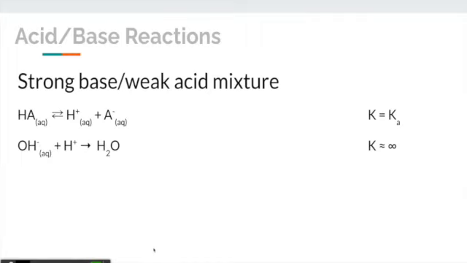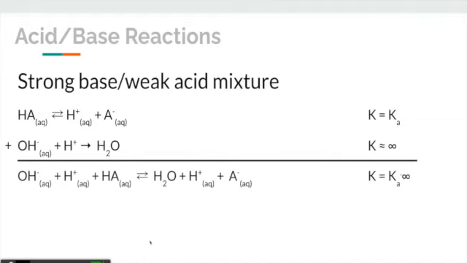Because every mole of H+ that gets produced in the ionization of the weak acid is going to immediately be consumed by reacting with the hydroxide from the strong base, Le Chatelier's principle would suggest that there's a shift in that top reaction to the right, making this essentially a one-way reaction. If we sum these together, this is what we would get, and the equilibrium constant is essentially infinity.